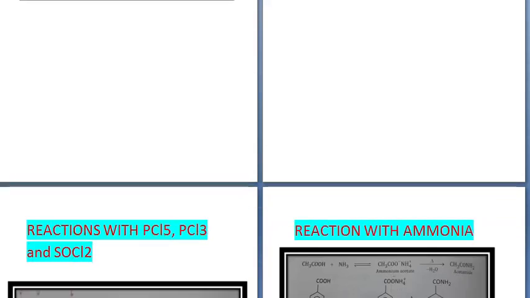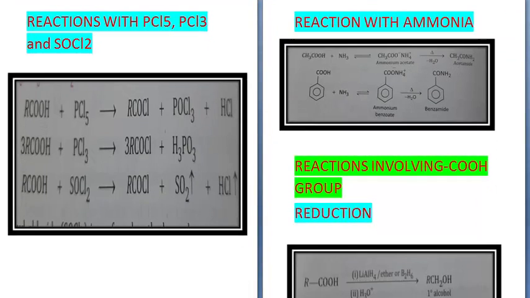Next chemical property is reaction with PCl5, PCl3 and SOCl2. In all the three cases RCOCl is formed. See over here, when RCOOH reacts with PCl5, it gives you RCOCl plus POCl3 plus HCl.